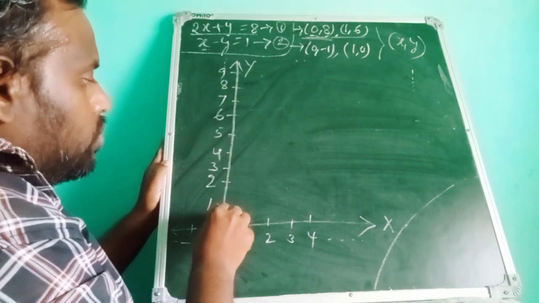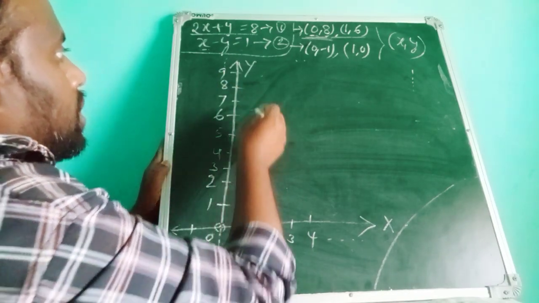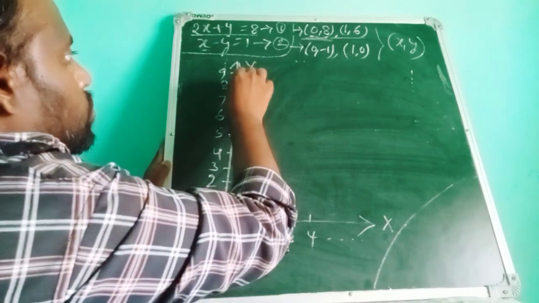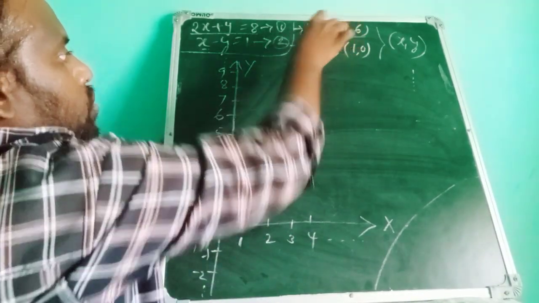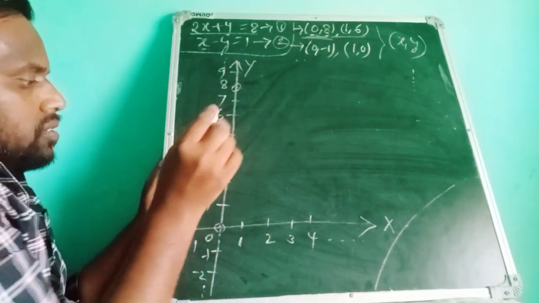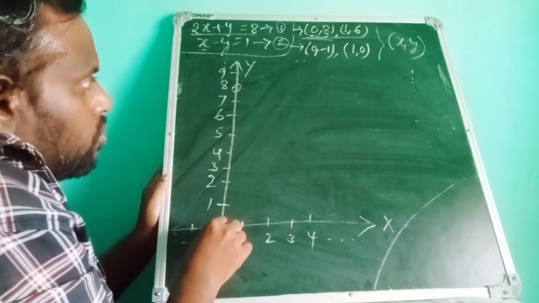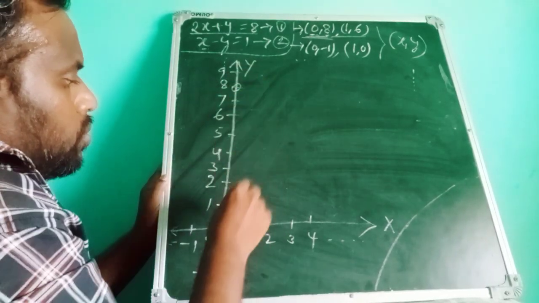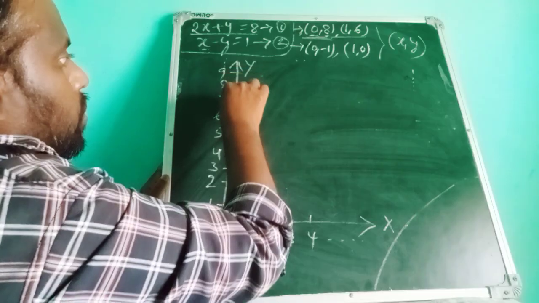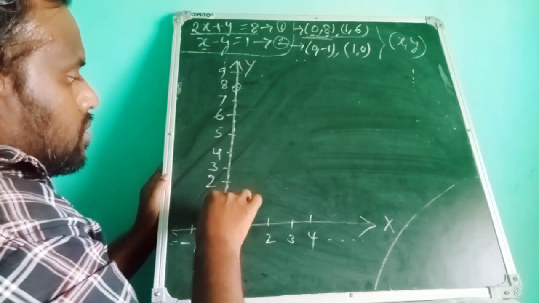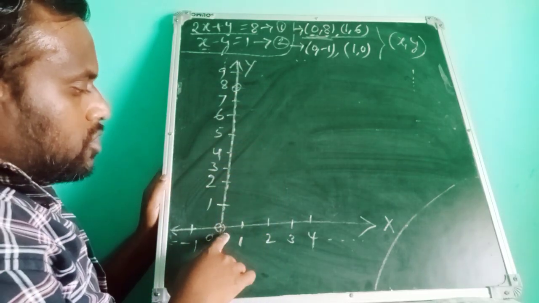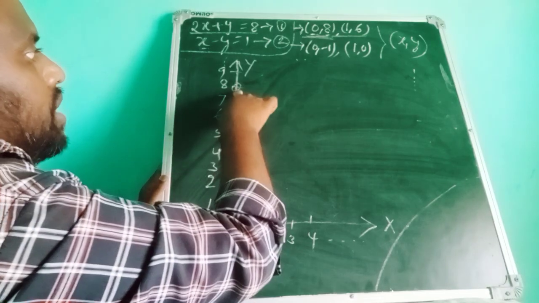So from this value you put a dotted line. First identify where y is equal to 8 is, here. Now from here to here you have to put a dotted line like this. So that means at x is equal to 0, the corresponding y value is 8.